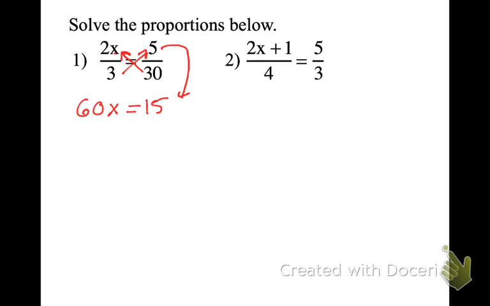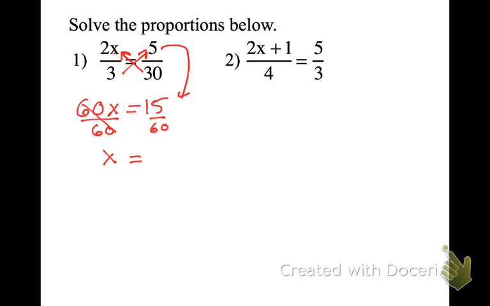15, good. So now what would I do to get the x alone? What am I doing to both sides, Carter? I'm going to divide both sides by 60 to get the x alone.